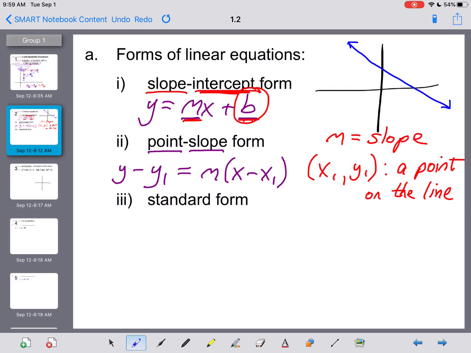How many y-intercepts does a line have? The answer to that is just one as well. So because both slope and y-intercept are unique numbers in each particular line, there is one and only one slope-intercept form of every line that exists. However, if we think about point-slope form right here, you would ask yourself these questions.